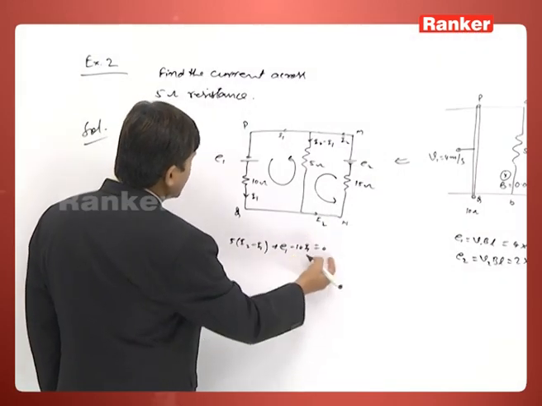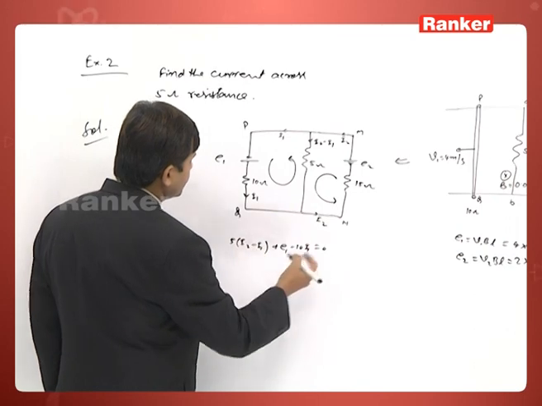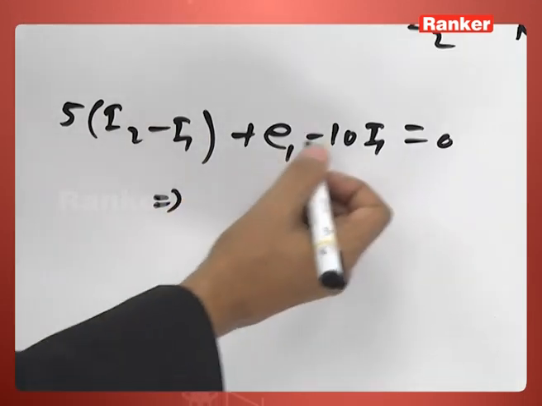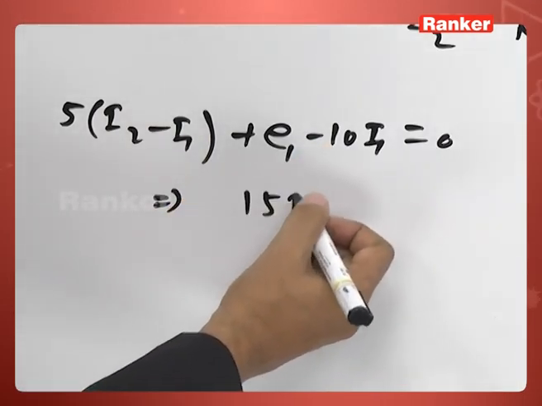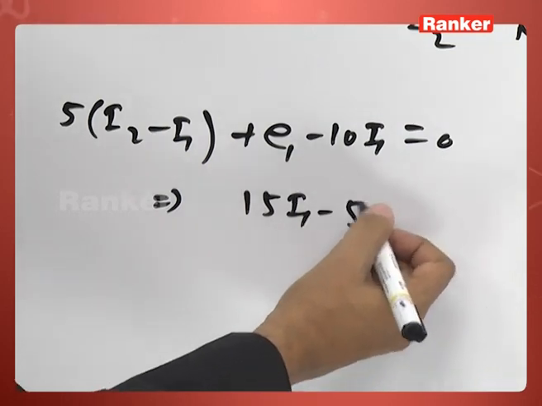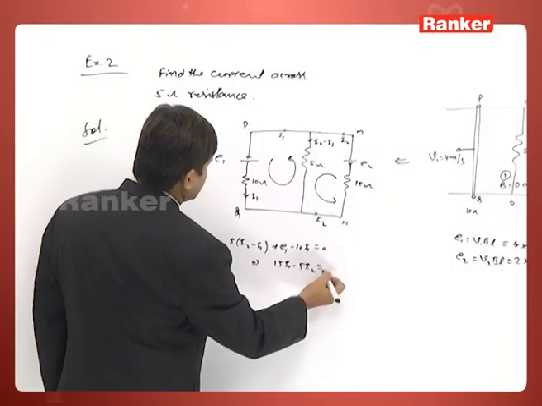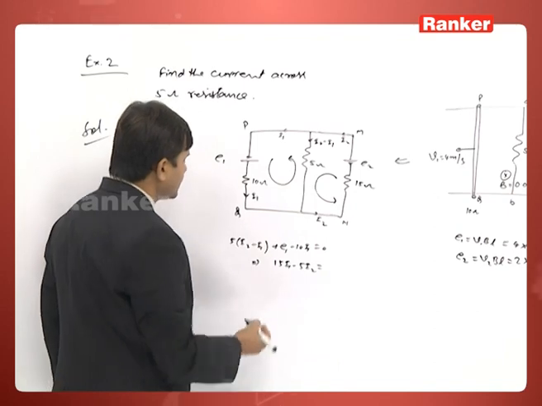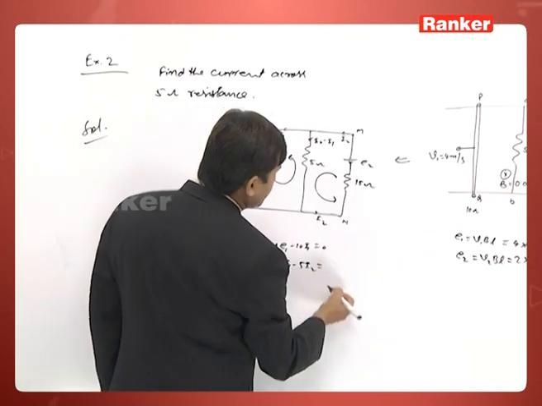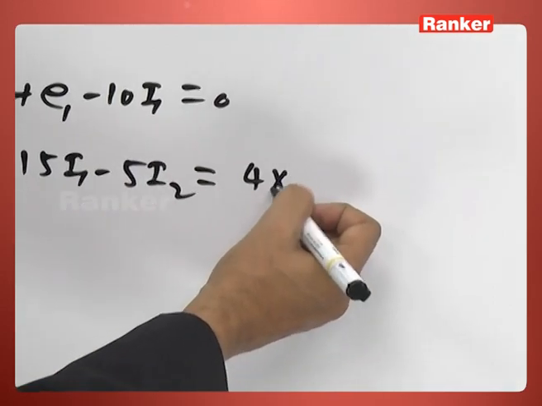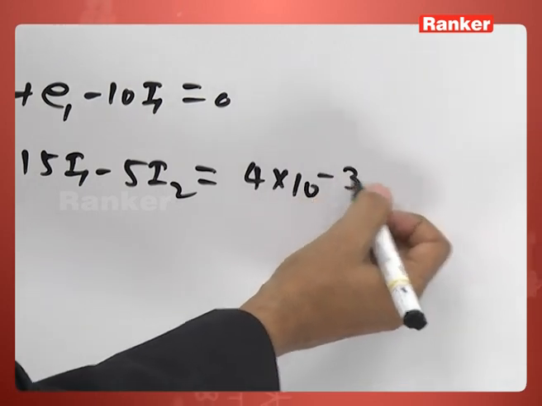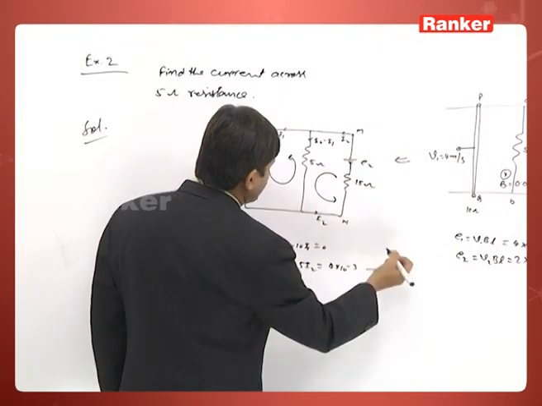So 10 I1 on the right side, minus 5 I1. So we can say here 15 I1 minus 5 I2 is E1, and E1 is 4 millivolt, 4 into 10 to the power minus 3. This is the first equation.